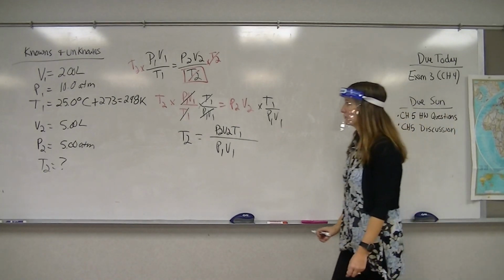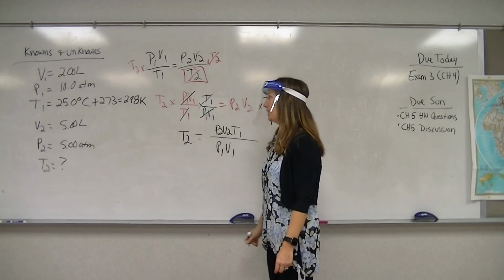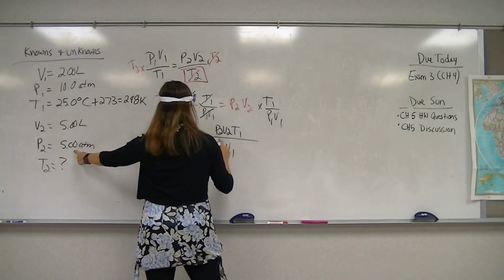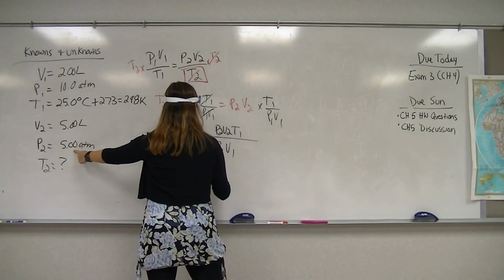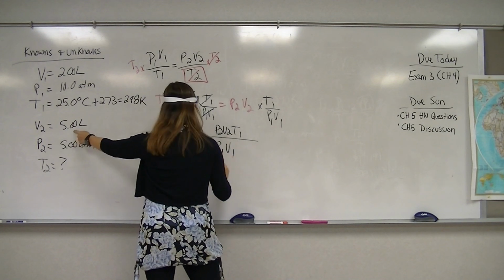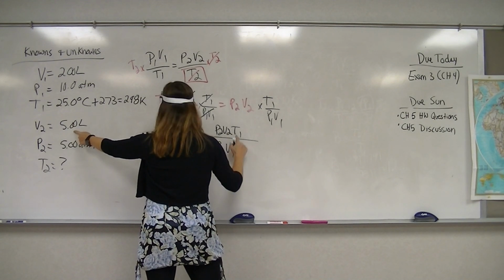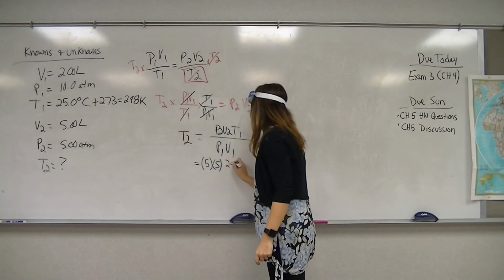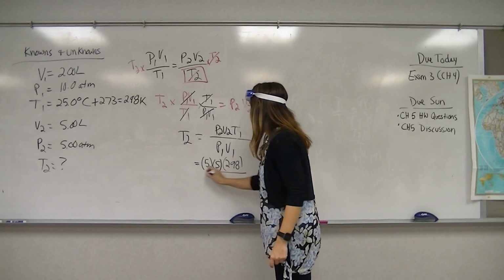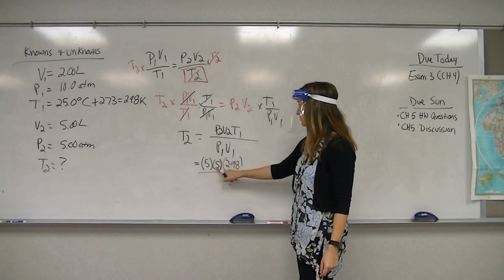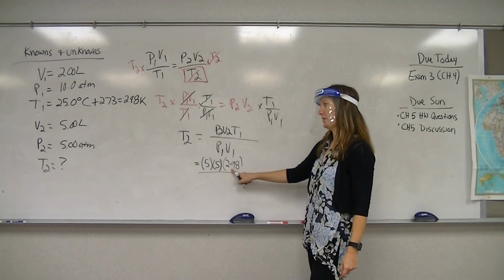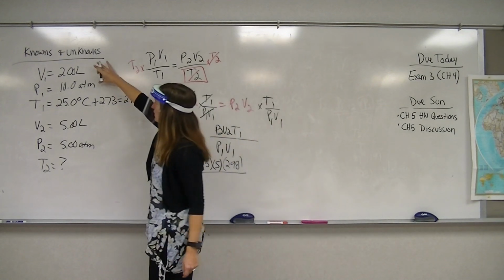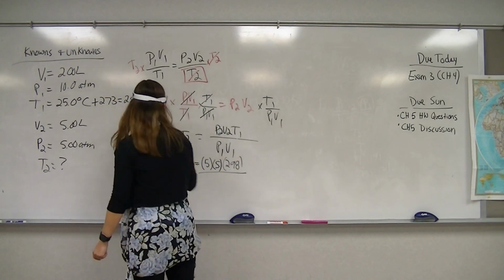So now, plug in our variables. P2, 5 ATM. V2, 5 liters. T1, and we're using the Kelvin amount, 298. So that's what I have on my top: P2, V2, T1. On the bottom, I want P1 and V1. So 10 times 2.